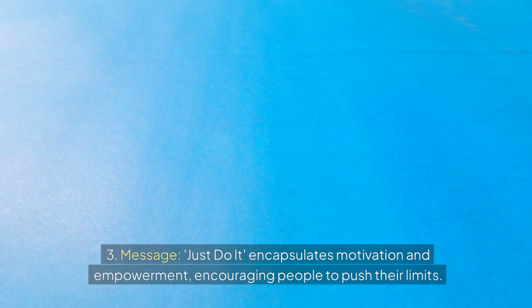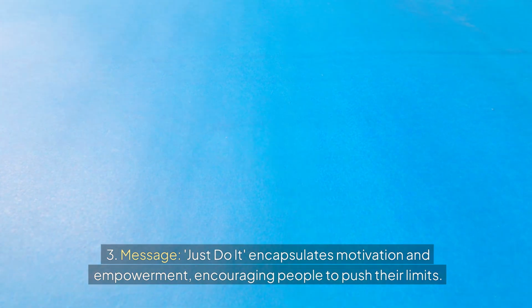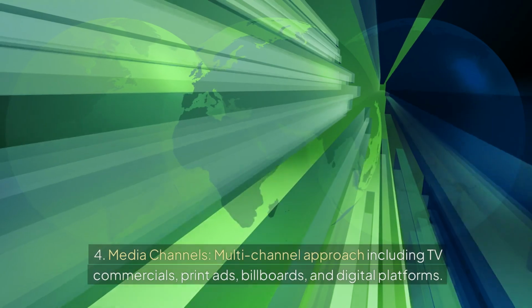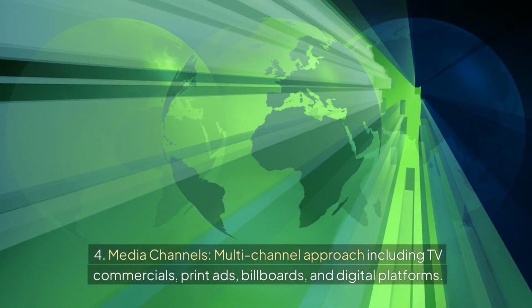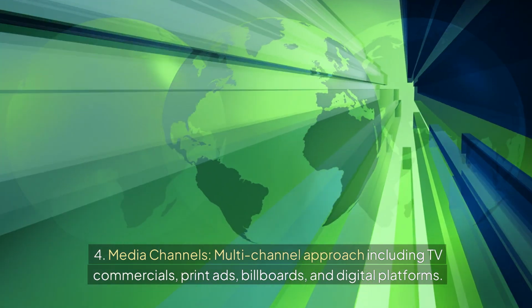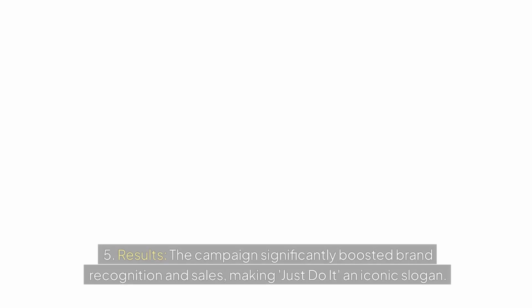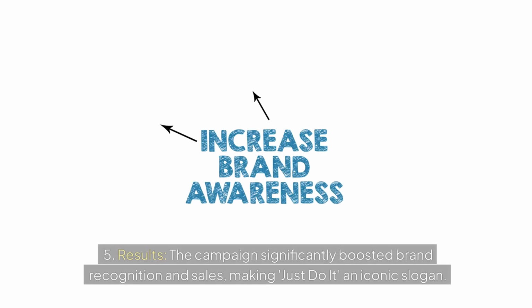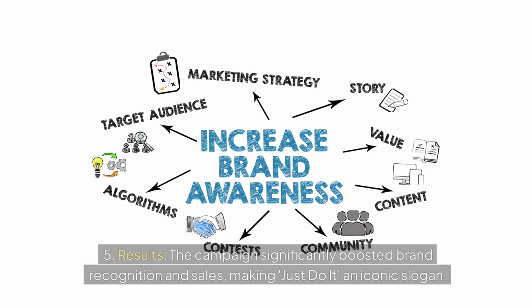Message: Just Do It encapsulates motivation and empowerment, encouraging people to push their limits. 4. Media channels: multi-channel approach including TV commercials, print ads, billboards, and digital platforms. 5. Results: the campaign significantly boosted brand recognition and sales, making "Just Do It" an iconic slogan.